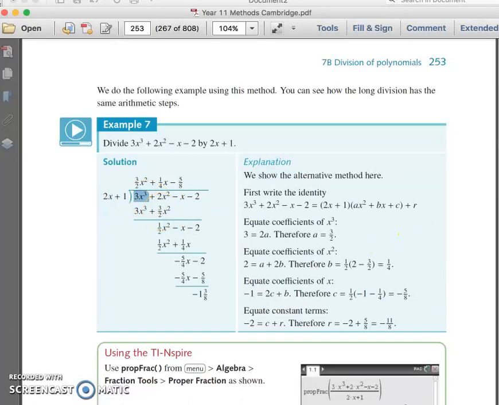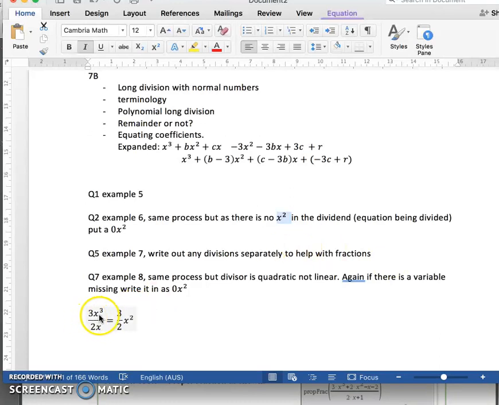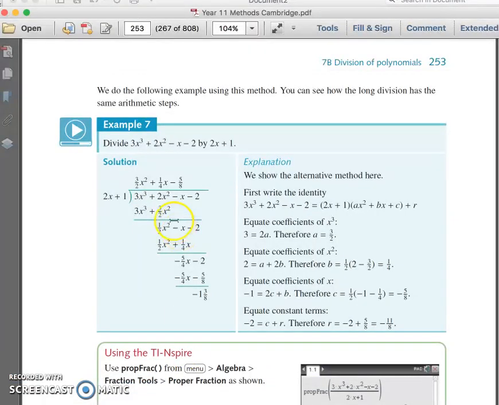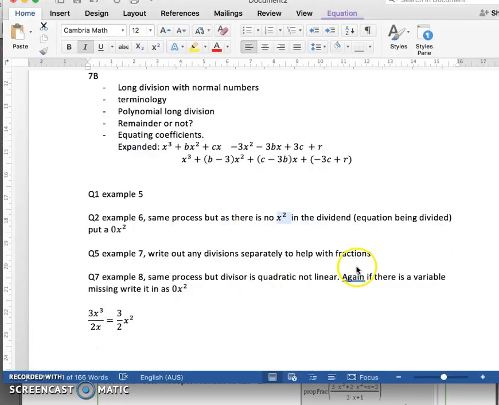If you write that out as a separate fraction, 3x cubed divided by 2x, you'll notice that you get the fraction 3 on 2, and that the x's will cancel down to an x squared, and so that is how they get 3 on 2 x squared as their answer. This multiplied by this equals this. So have a go at those fraction ones. Don't stress too much if you find them too difficult, but you should be okay with them.